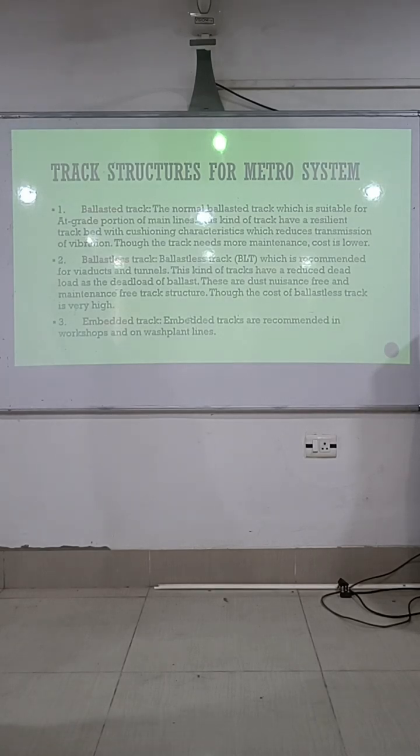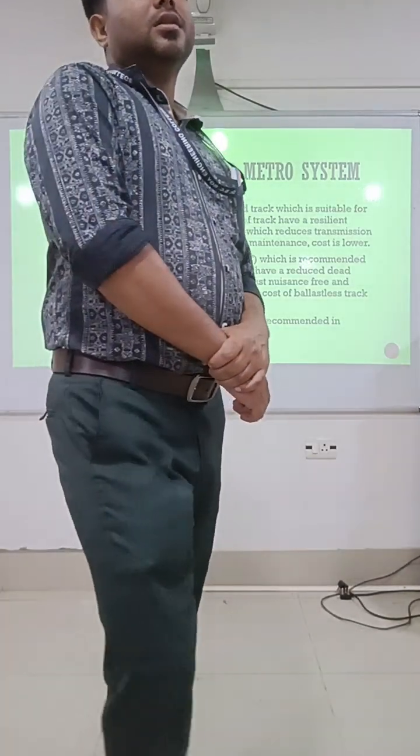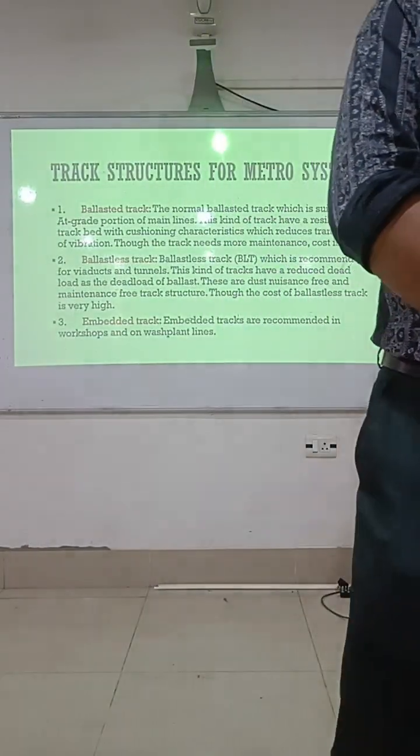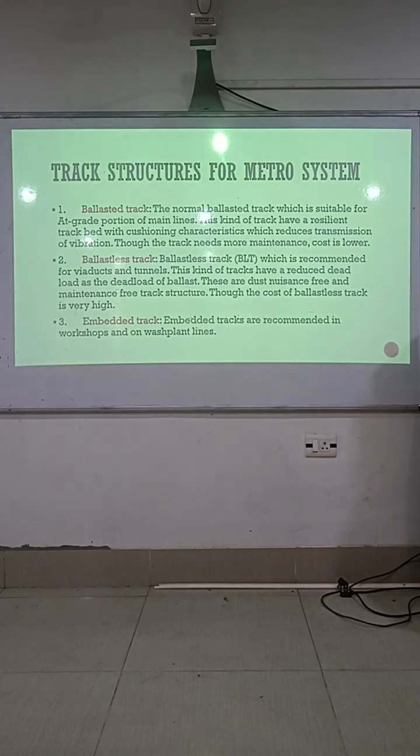In the ballasted track, I have told you that the ballast, that is the large size kind of stone chips, are there in between the rails of the metro system.